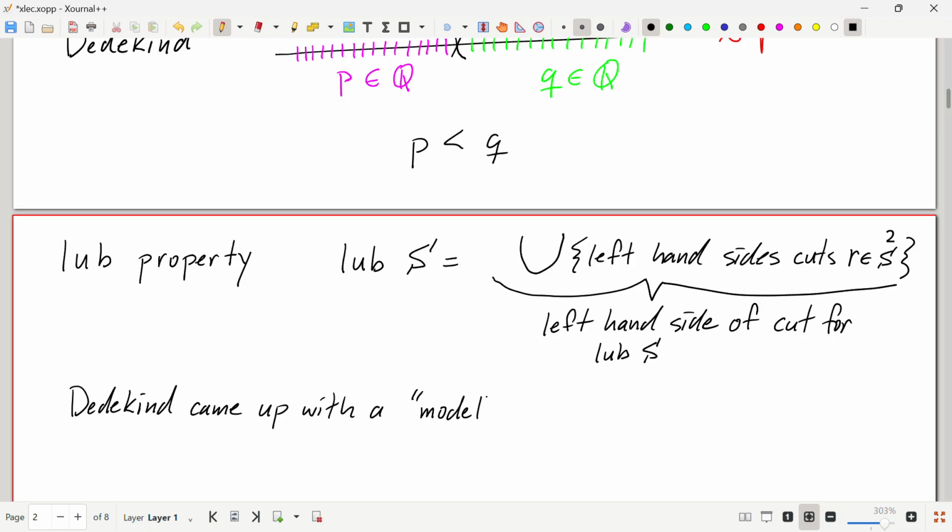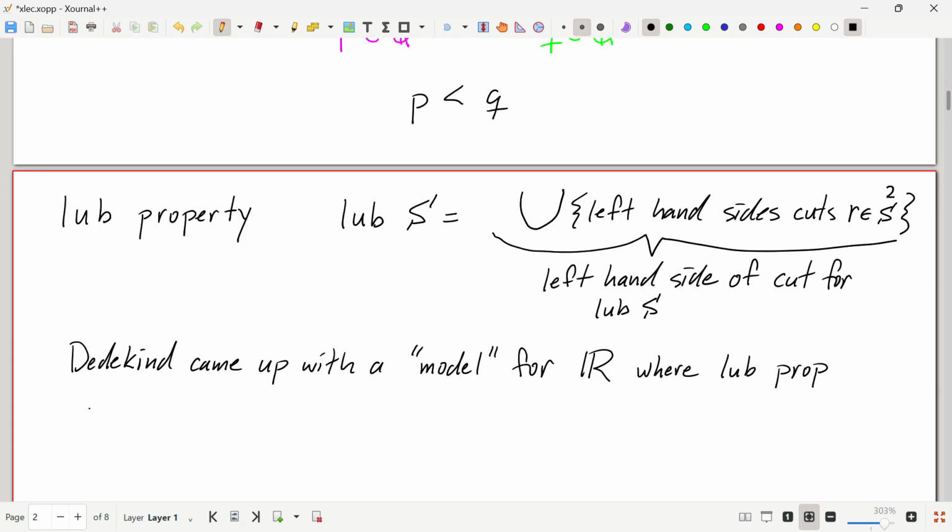And so was Dedekind's curly bracket tower of sets thing. He came up with a model for R where the LUB property is demonstrable. It holds from definitions. Okay. So it's important when you're talking about math that you're talking about something. And this is a way to talk about real numbers like they're something.